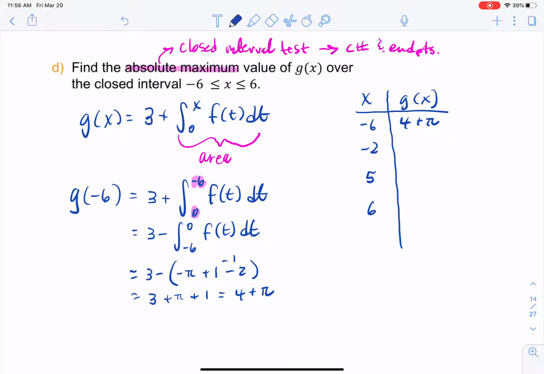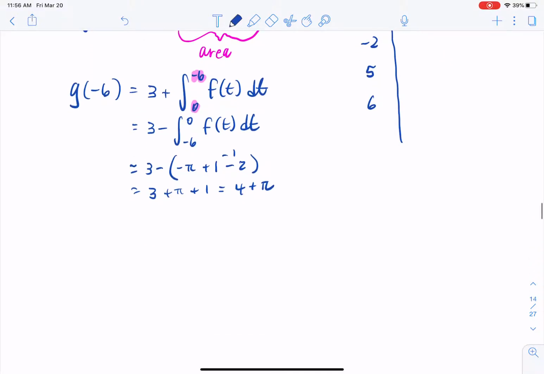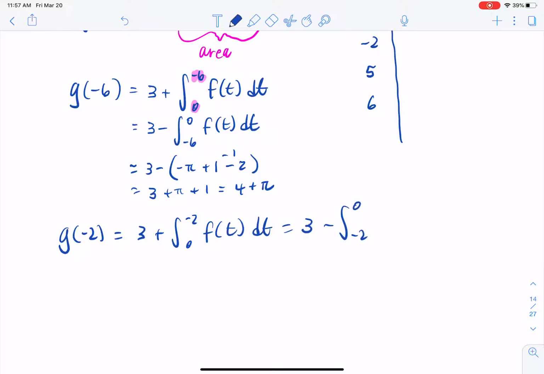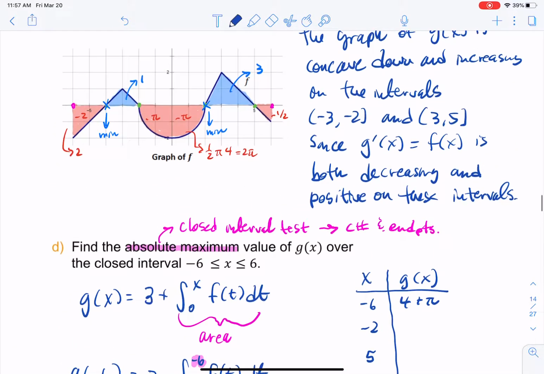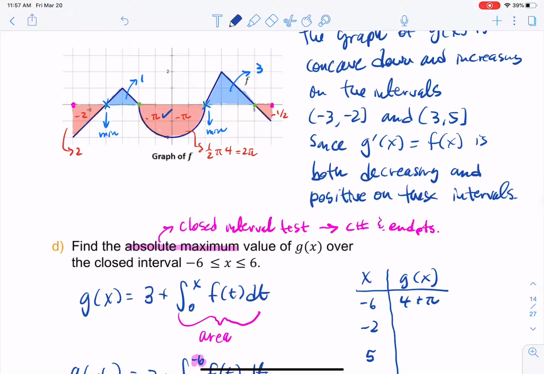All right, pretty much done, right? Not right. We've got -2. 3 plus the definite integral from 0 to -2 of f of t dt, and we can see it's backwards again, so we have to switch it and negate it. -2 to 0 of f of t dt, and we've got 3 minus, put in some parentheses, and we're just going from 0 to -2, so it's just the -pi part that's right there.